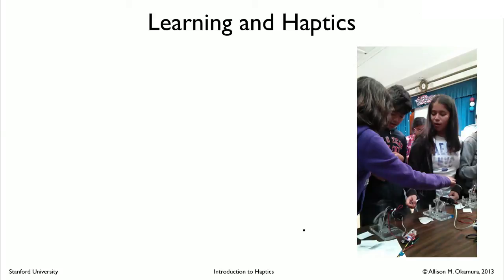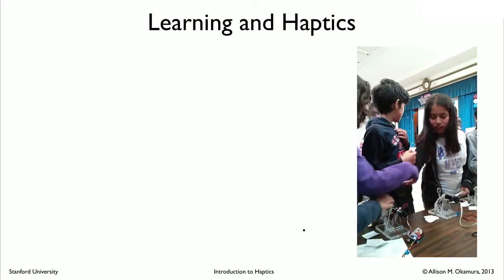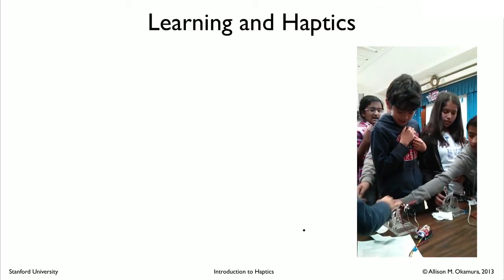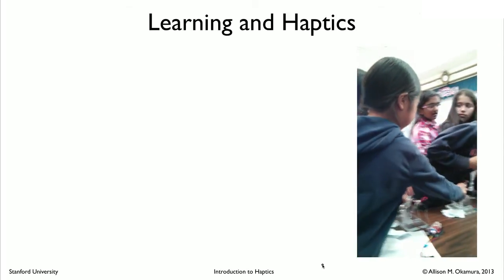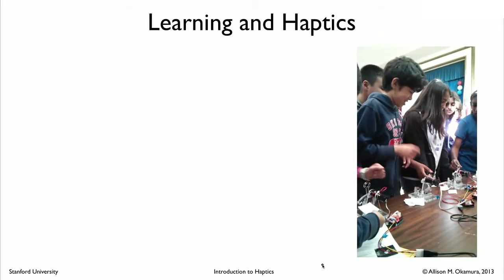So here's a video of a bunch of kids at Warm Springs Elementary School in Fremont, California, interacting with haptic devices at one of our demonstrations. These are haptic paddles, which are similar to the HapKit, but a little bit different. And these kids can't wait to get their hands on these haptic devices.